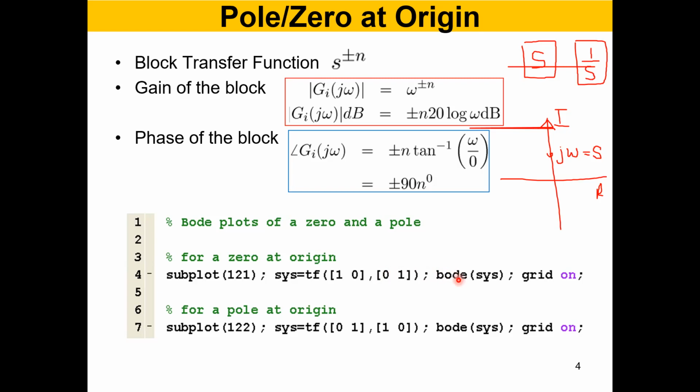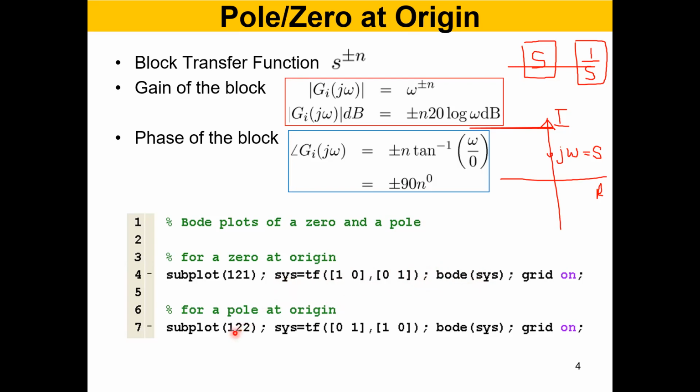Then you use the Bode command, B-O-D-E, Bode. The argument is sys. Sys is the transfer function we already generated. In this particular case, it is a zero at the origin, and it prepares or shows you the Bode plots. I will show you in a moment what a Bode plot is.